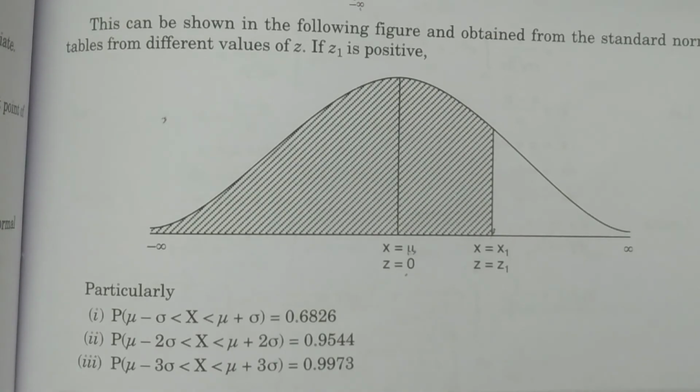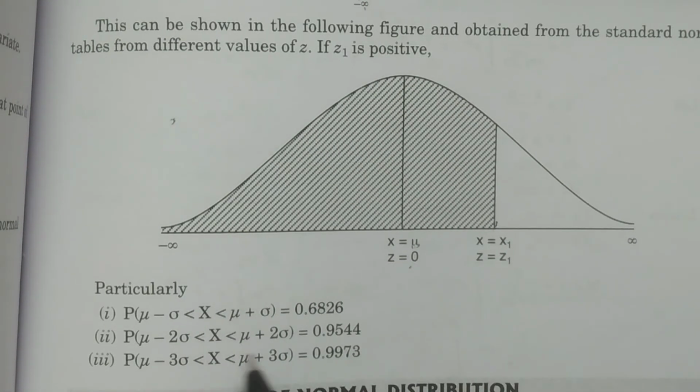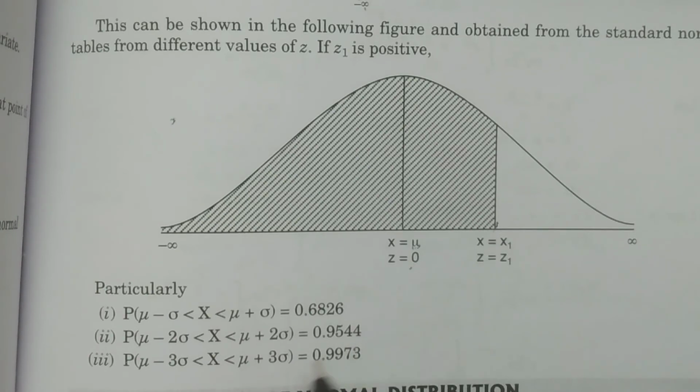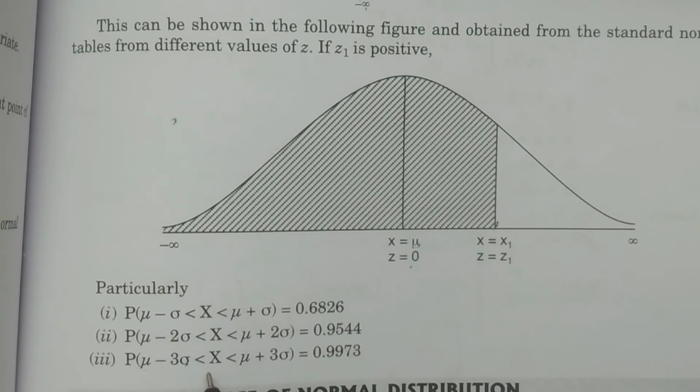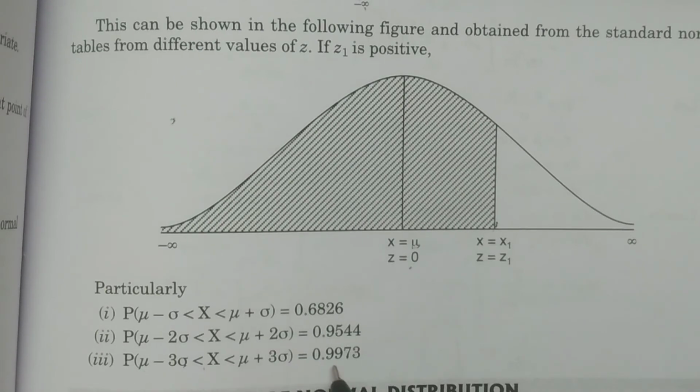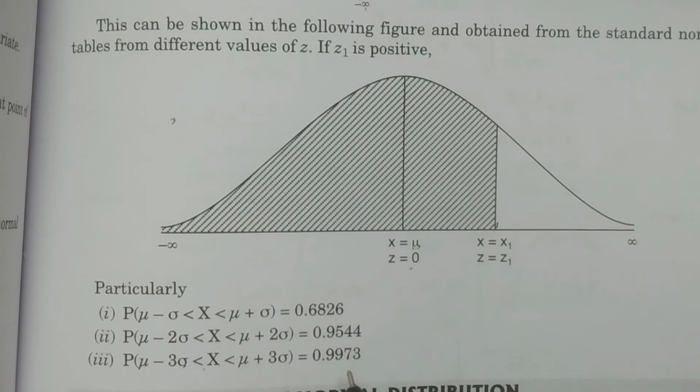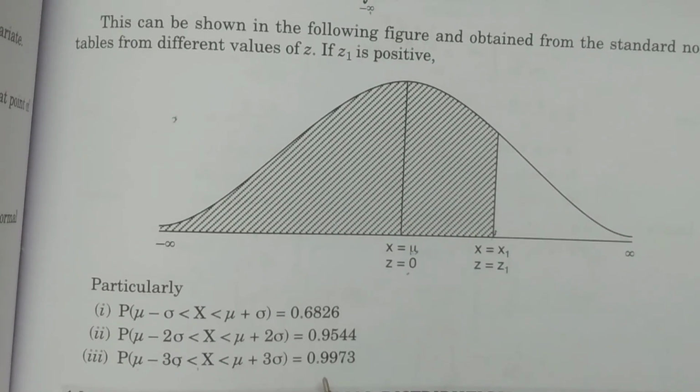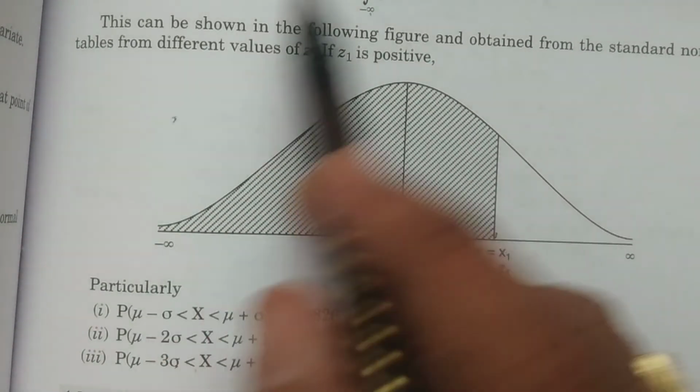Right? And the probability of mu minus 2 sigma less than x less than mu plus 2 sigma is 0.9544. The probability of mu minus 3 sigma less than x less than mu plus 3 sigma is equal to 0.9973. So these are some values I have specified here, and this is the areas property of the normal distribution.